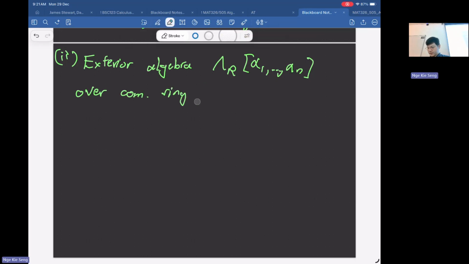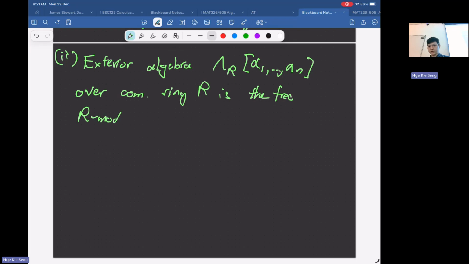It is actually the free R-module. If I say it is a module or vector space, you should talk about the basis. The basis here are the finite products alpha i1 up to alpha ik.